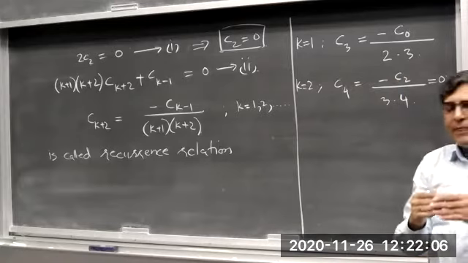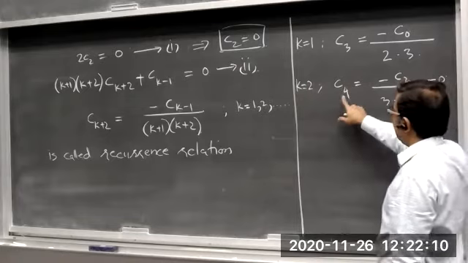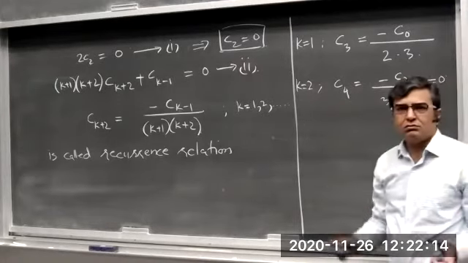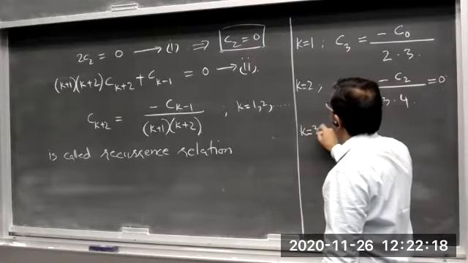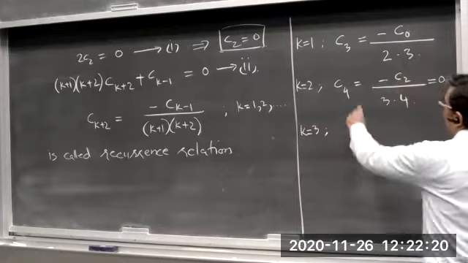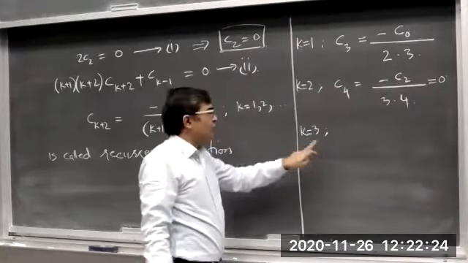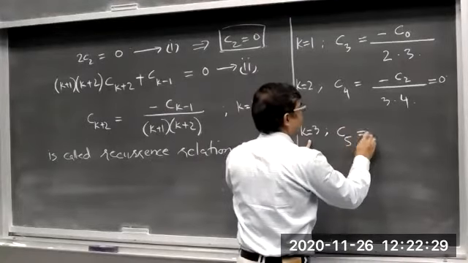So all the coefficients with even subscript will all be 0. Now we can only find the coefficients with odd subscript. So when we put k is equal to 3, we obtain C5, and it is equal to what?